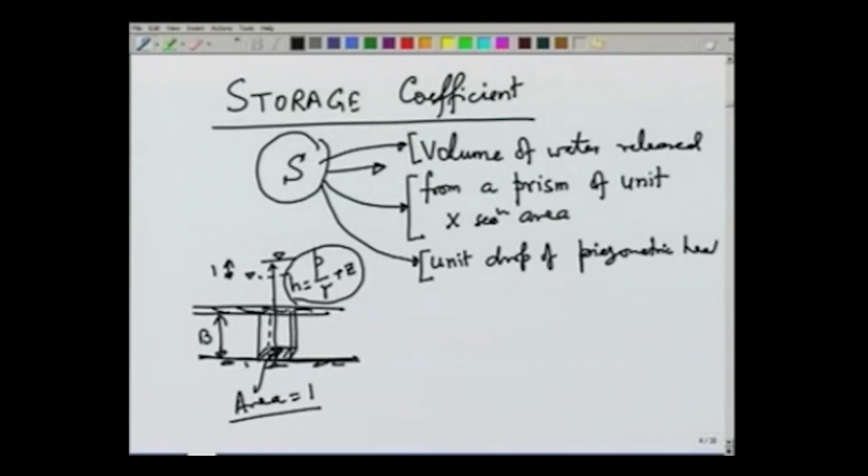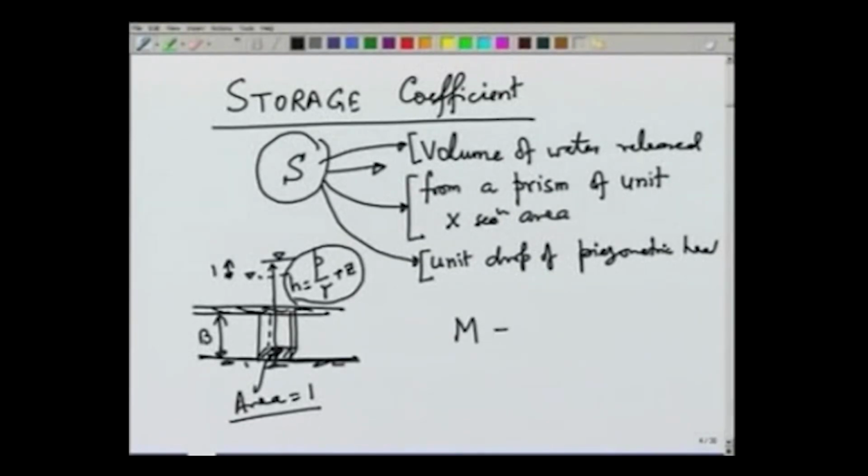Now, the mass of water M which is present inside this prism can be related to the volume and the density. So, rho is the density of water, into the volume, which, since the area of cross section we have taken as unity, will be equal to B into porosity.